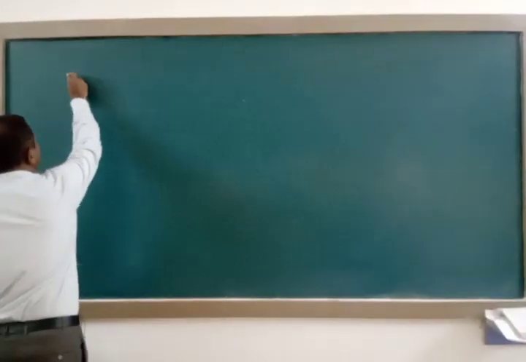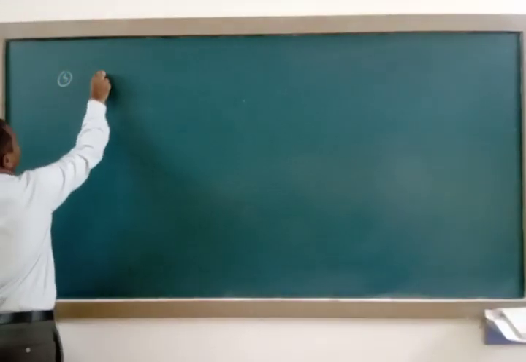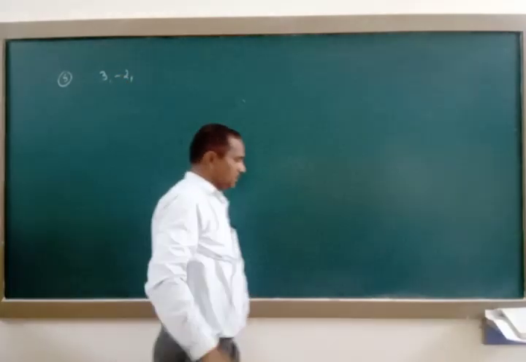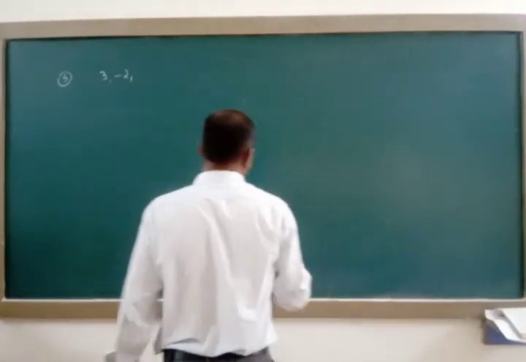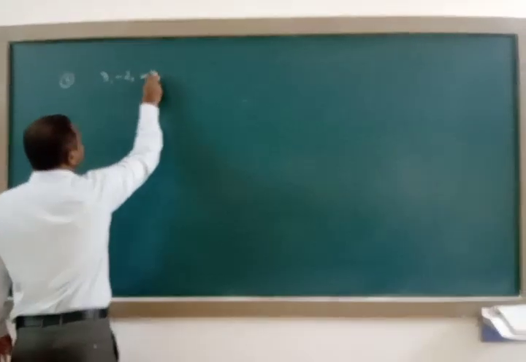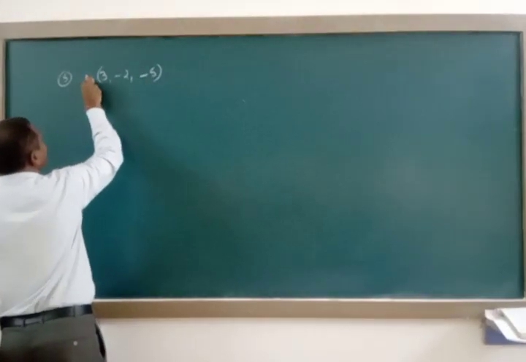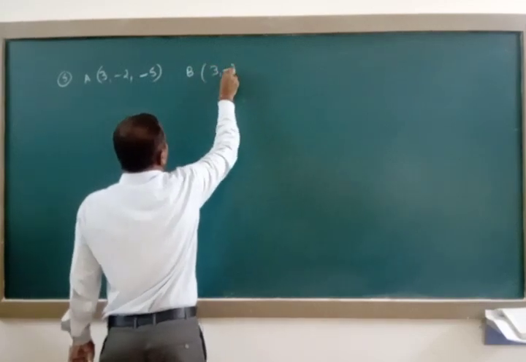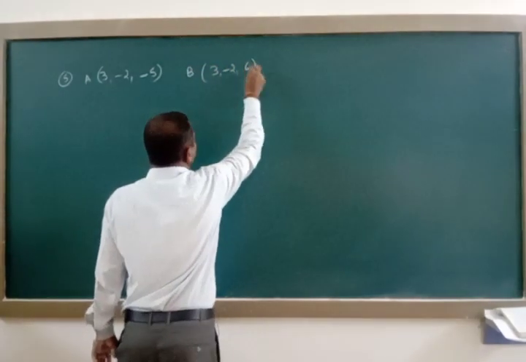The first point is 3, minus 2, minus 5. The second point is 3, minus 2, 6.